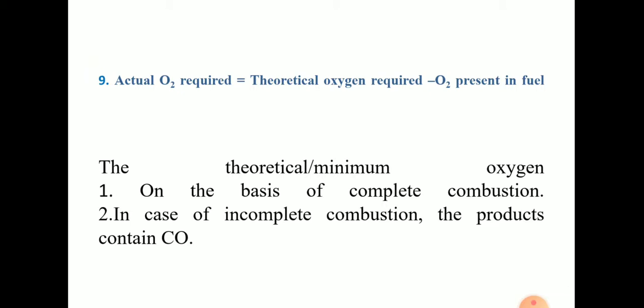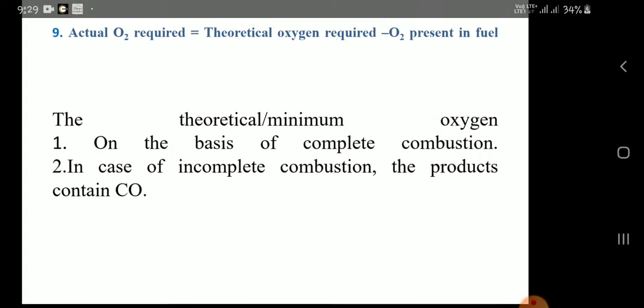In combustion calculation, we always use the concept of complete combustion, so theoretical or minimum oxygen is calculated on the basis of the first point. In case of incomplete combustion, the product may contain carbon monoxide, but this concept will not be used in combustion calculation.